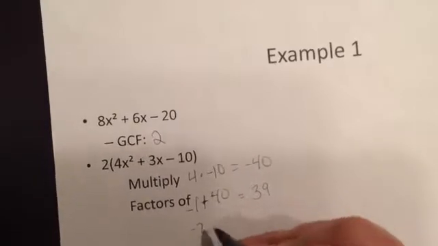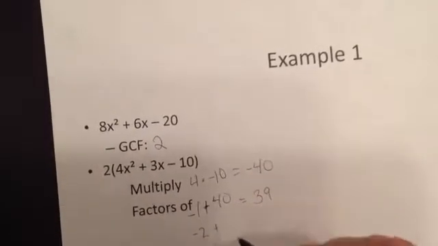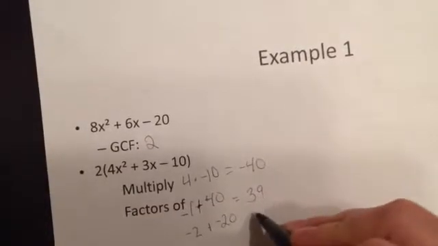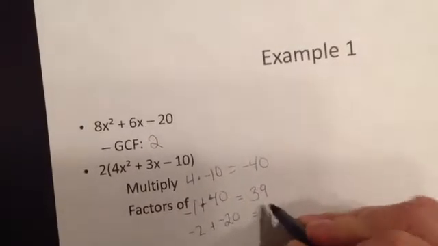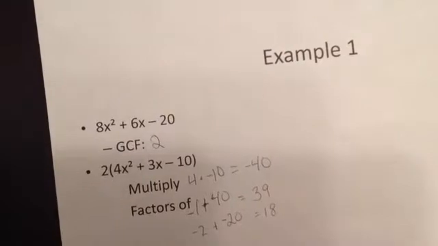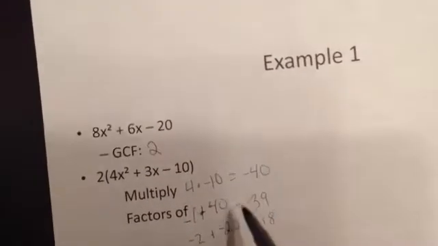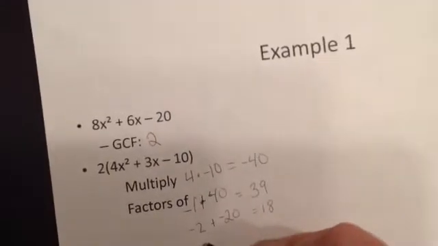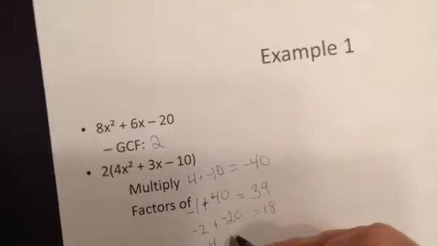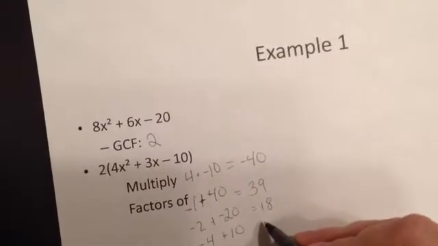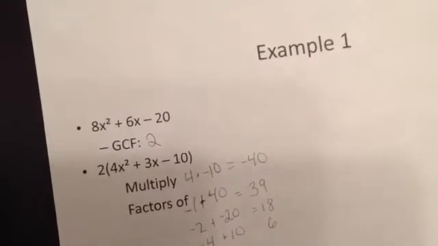Then negative 2 plus 20 gives us 18. 3 doesn't divide into 40 evenly, so negative 4 and a positive 10. That gives us a positive 6.